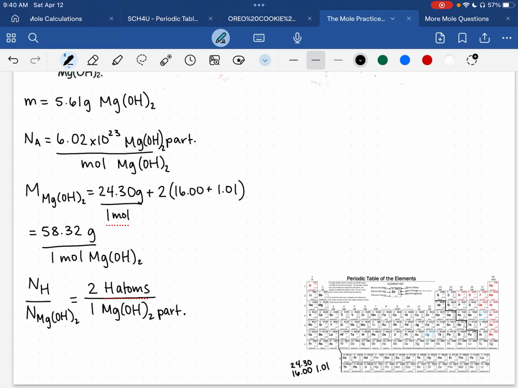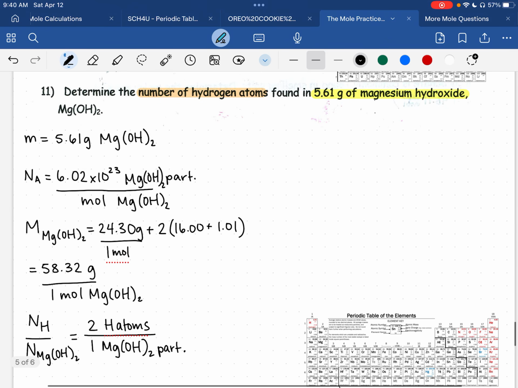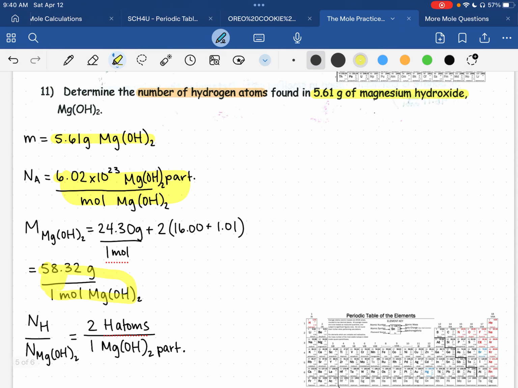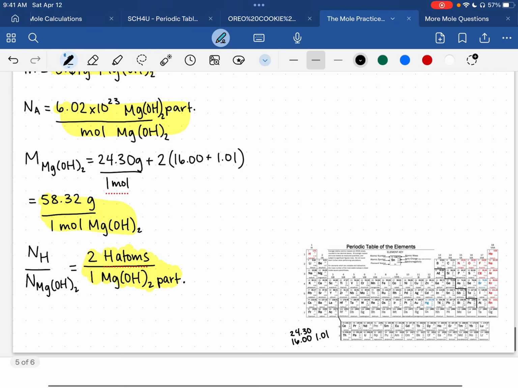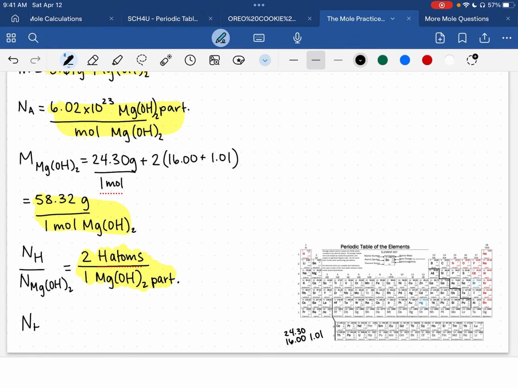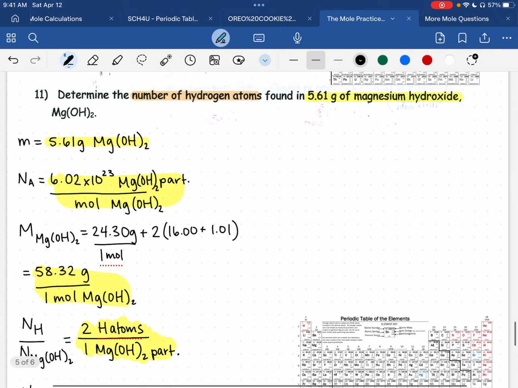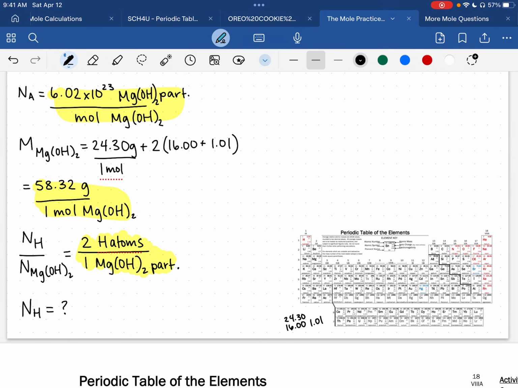Okay, I think that this is all of our conversion factors, and I can just highlight the key stuff here. I'm highlighting them because some of them got a little messy because of the molar mass. That's our final molar mass, and then this is our conversion factor here. The unknown for this question is the number of hydrogen atoms. So N of hydrogen atoms equals question mark H atoms.